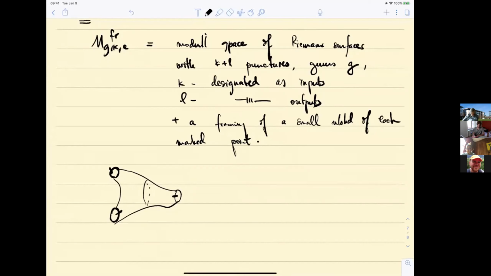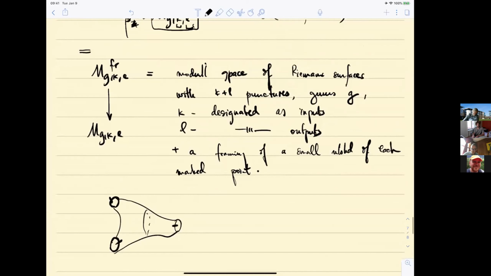So instead of having a puncture, I actually cut out a tiny disk. And on the boundary of that disk, I choose a point. So of course, it's easy to see that this maps down to the ordinary M_{g,k,l}. And this is a fibration with fiber S^1 to the power k plus l.